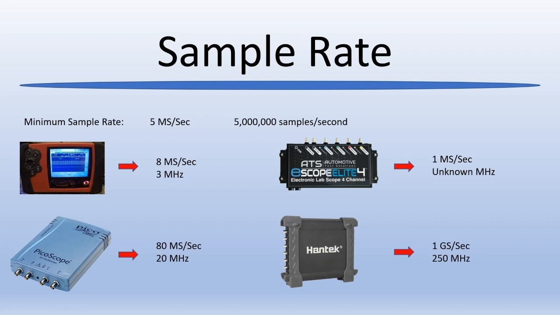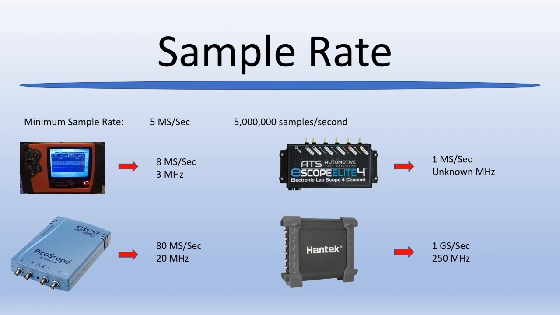I often use my pico with it set to only 1 megasample per second. I do this because it's often all I need, but sometimes I do need more power and I have to turn up the sampling. The Snap-on scopes have a bandwidth of 3 megahertz. I'm not sure if they all do, but I think at least most do.